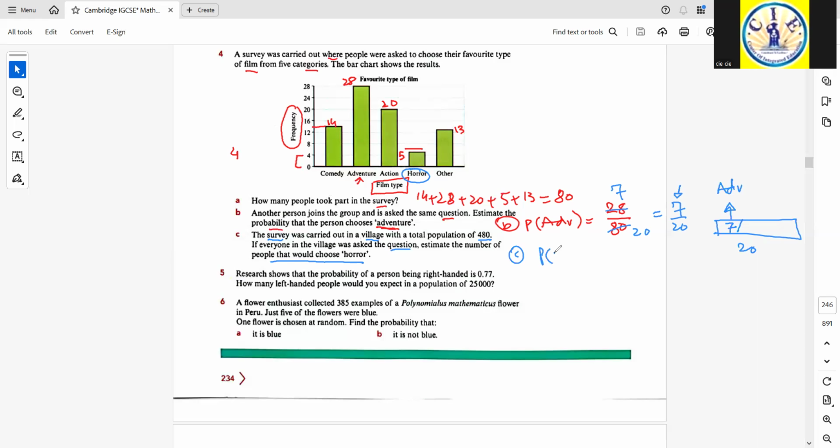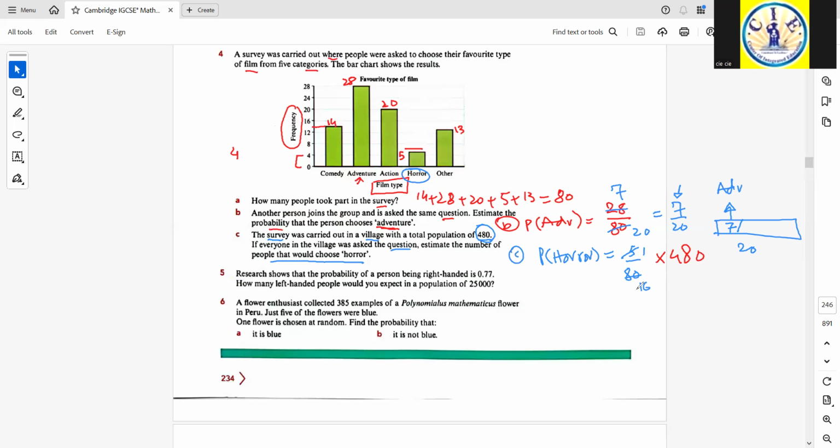So the probability of horror would be 5 divided by 80, which is 1 by 16. So when the population of the village was 480, I need to multiply this with 480.